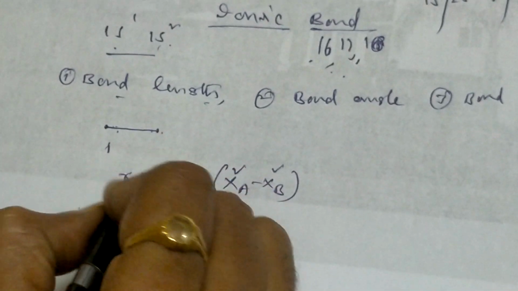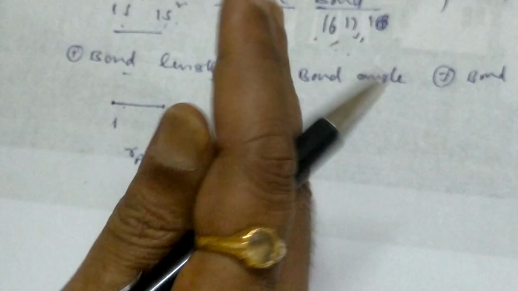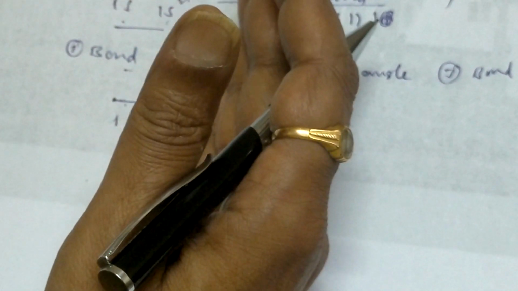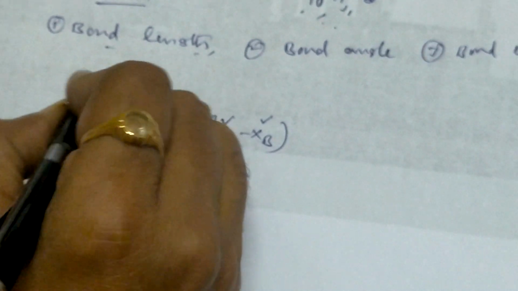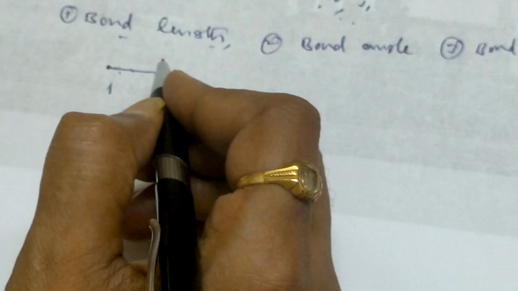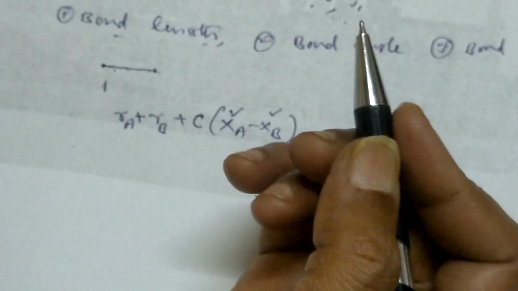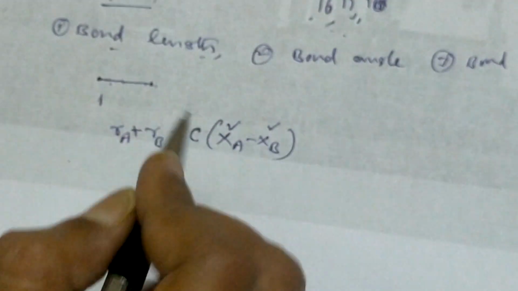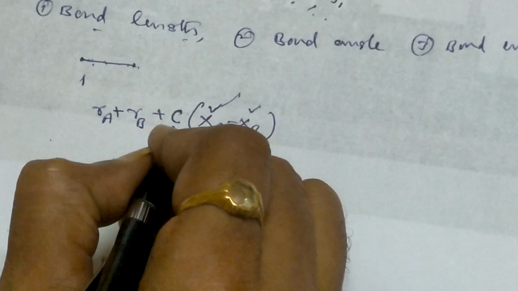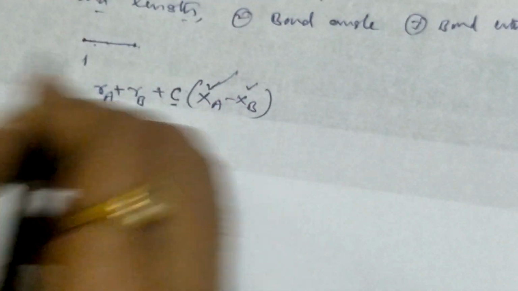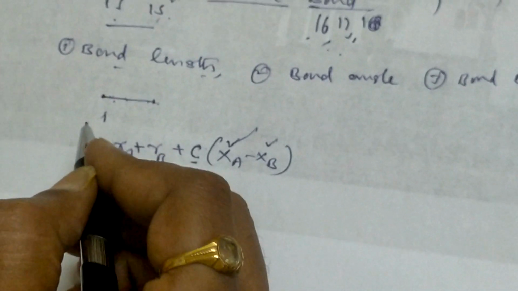Otherwise, if it is only RA plus RB, that means the bond length will be RA plus RB: 50% of this one, 50% of that, even if it is heteronuclear or homonuclear. But if the electronegativity difference is very high, then you have to take C as a constant, and that value will be given in the book. That is bond length.